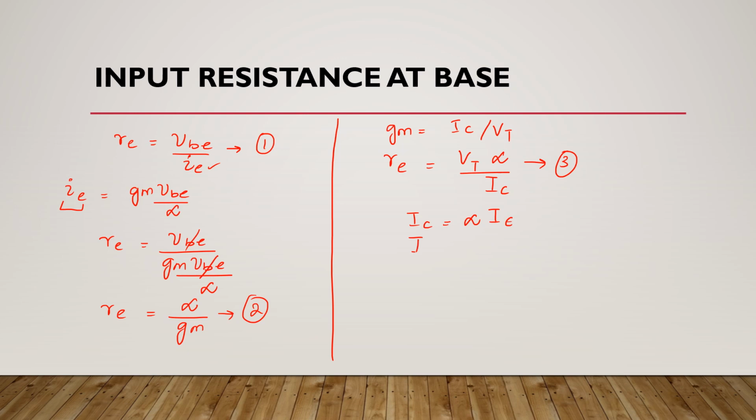It means IE is equal to IC upon alpha. So now equation 3 becomes re is equal to Vt divided by IE, and this is equation number 4, and this equation shows that this resistance is inversely proportional to DC emitter current. So this is the small signal resistance between base and emitter when you are looking into the emitter.